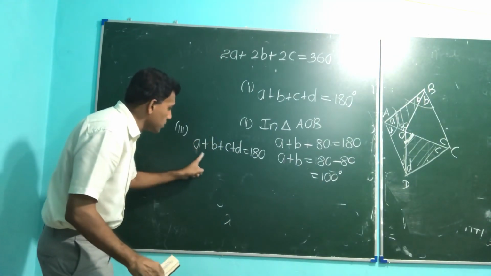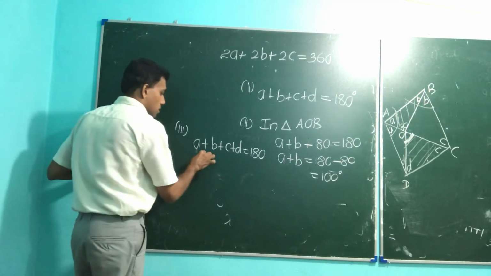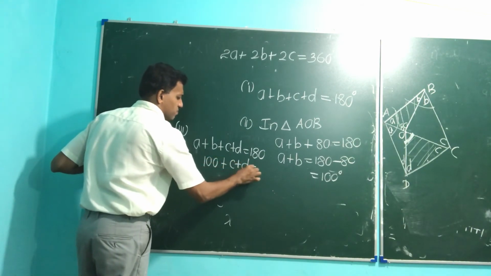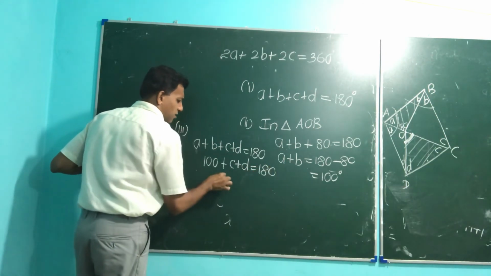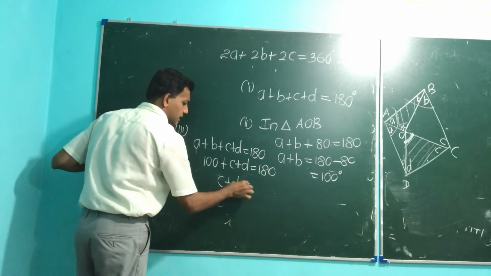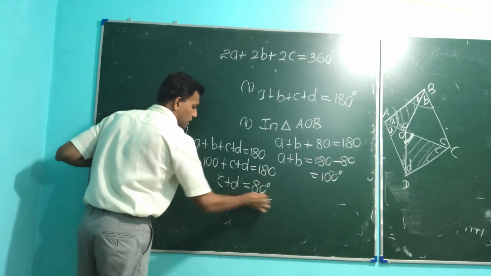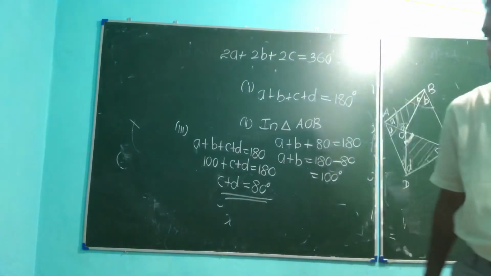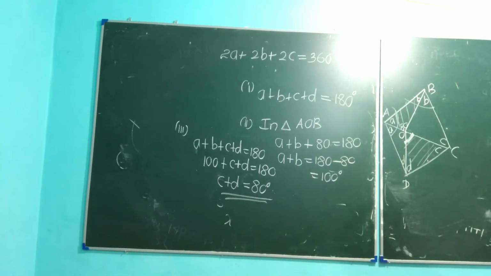Put A plus B 100 down, plus C plus D. Therefore C plus D is 80 degrees. Very important. But I know many students say 100. Hurrying, they give a reason of vertically opposite angles. But here no straight lines. No straight lines intersecting, right? That was the wrong way. Important.